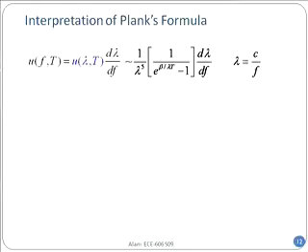The wavelength is inversely proportional to the frequency, because lambda multiplied by f is the velocity of light. You can simply do a conversion, and you can find how the energy changes per unit frequency rather than per unit wavelength.